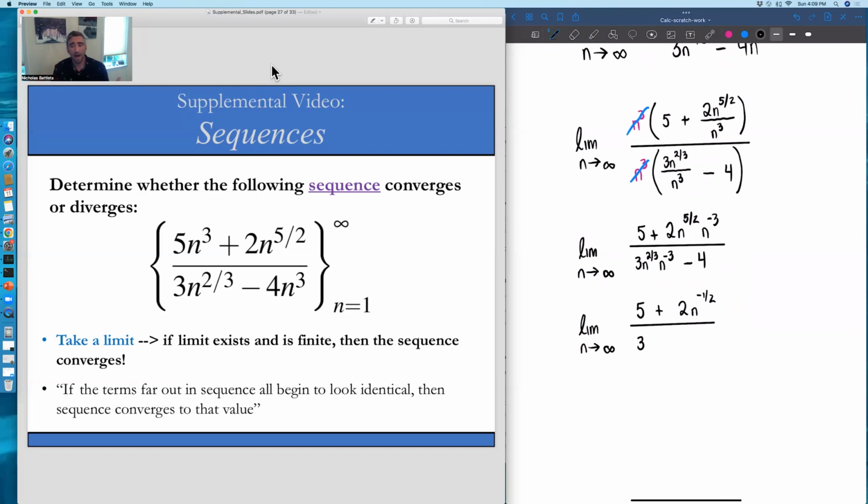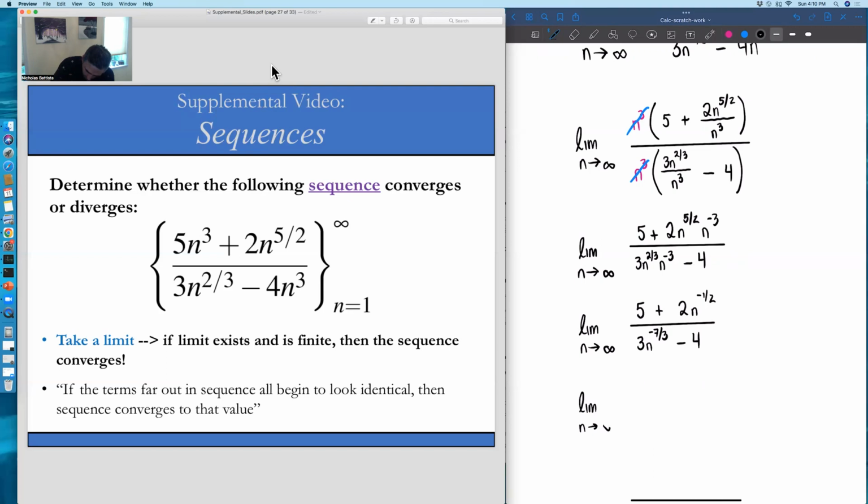We can add those powers together, and we get n to the minus 7/3, minus 4. So let's take a look at what we have.